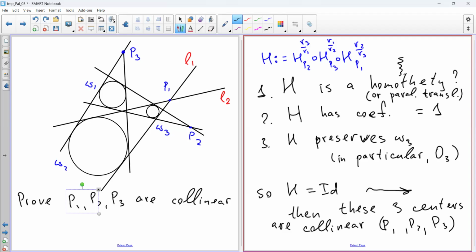So actually here it would be more complete to show that it is a similarity, a similarity preserving directions.